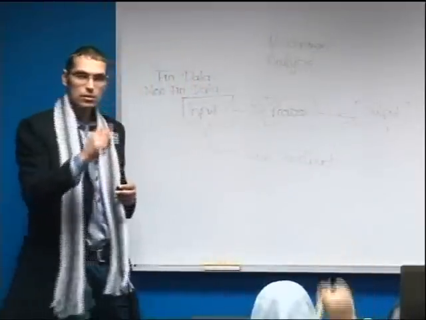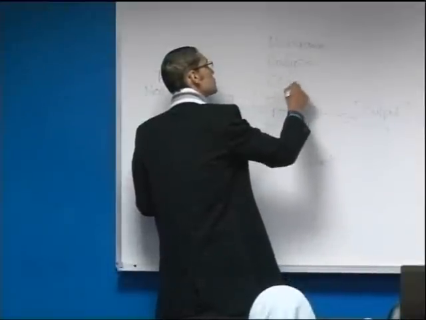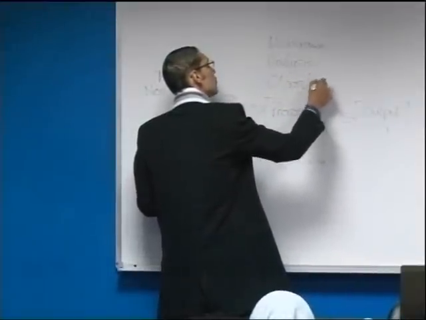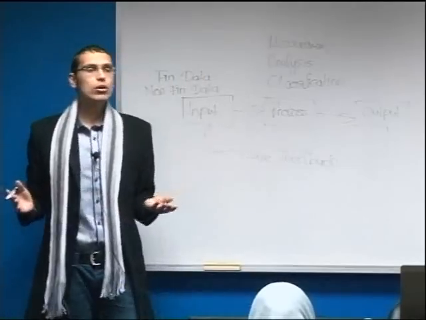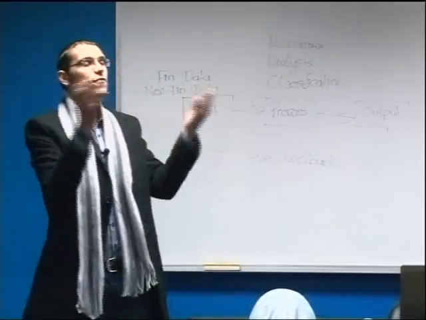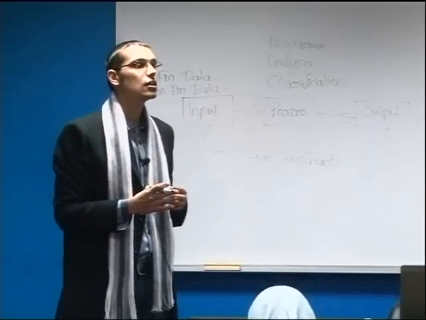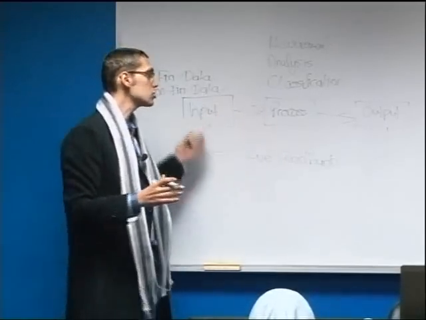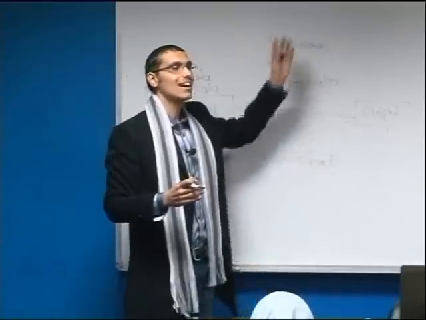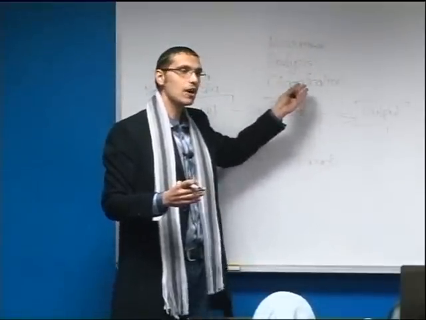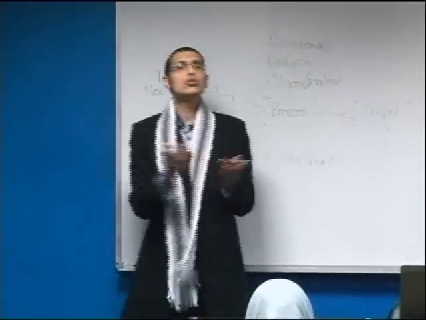What else? Classification. Therefore, this financial data and non-financial data that are the inputs of the cost accounting information system are measured, analyzed, and classified in order to produce the output.